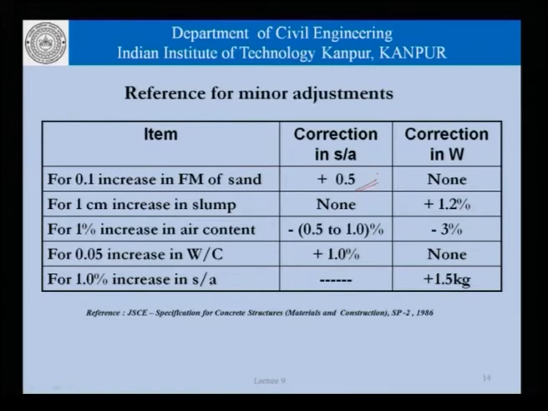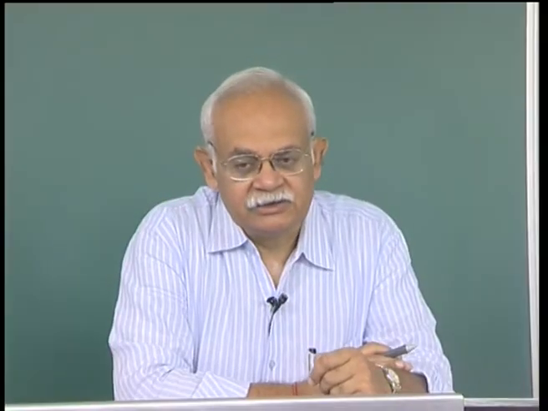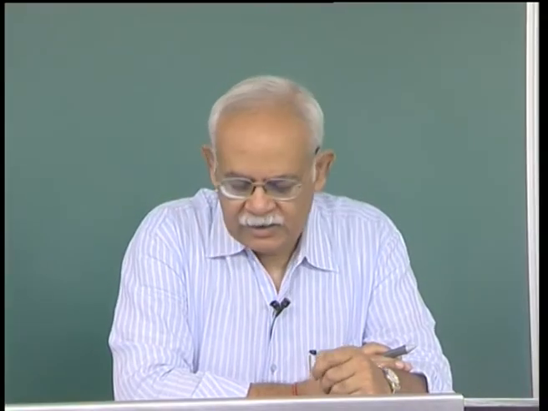If we want to increase the slump in the concrete by 1 centimeter, we do not need to adjust the S by A, but we need to have more water in the mix, and 1.2% is just another number which is based on experience, and that will vary depending on the type of aggregate that you are using. Sometimes an increase of 1.2% may not suffice. Sometimes you may have to increase water by a little more, sometimes you may be able to get away with increasing the water a little less.